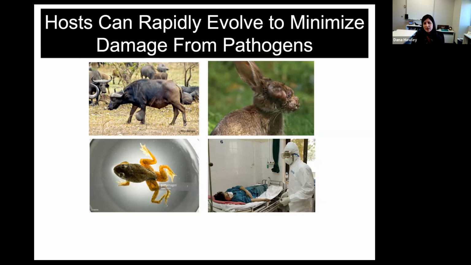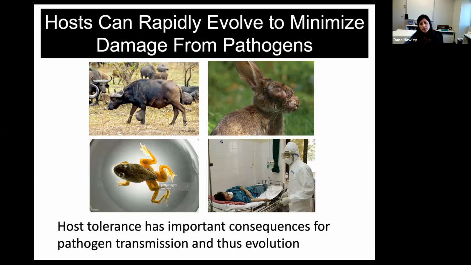But here we have an entirely natural emergence event and a host evolutionary response that was quite striking, and suggests that there was enough natural variation in tolerance or in host responses for house finch populations to evolve over a decade or two.